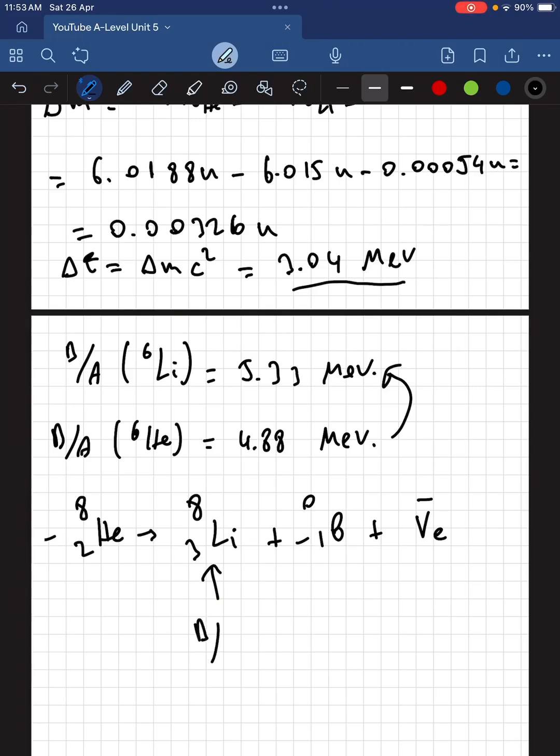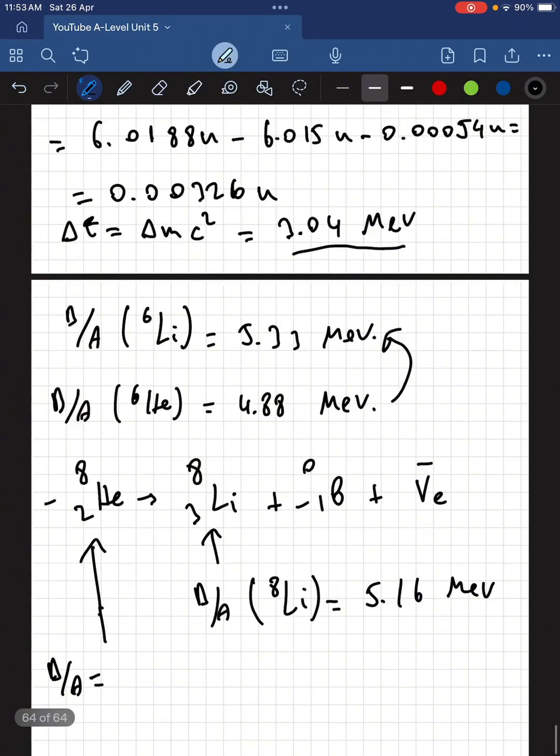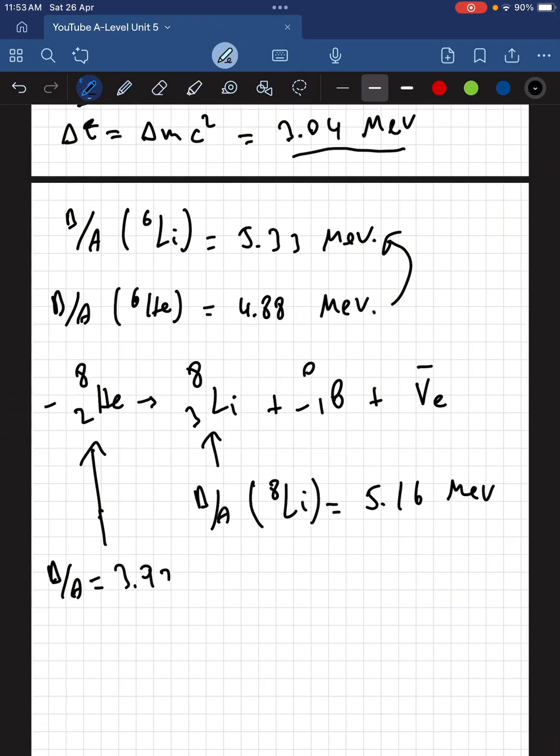The binding energy per nucleon for lithium-8 is 5.16 MeV, whereas the binding energy per nucleon for helium-8 is 3.92. So you see how we also get a higher binding energy per nucleon by beta decay.